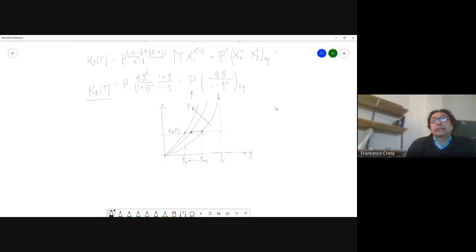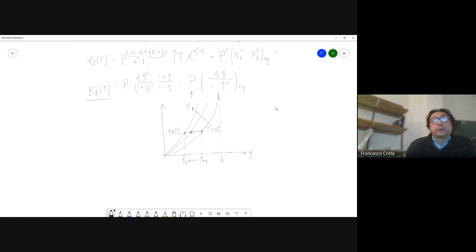So mathematically, this is straightforward because if you look at this function here, this is a constant because we haven't changed the temperature. And if the temperature is constant, then you're not changing Kp. Kp is a value which is constant.